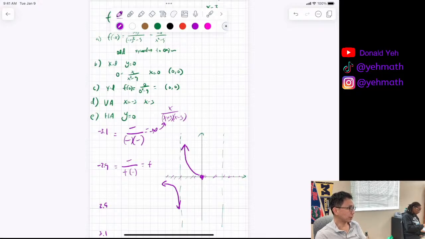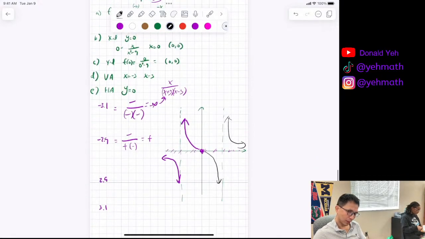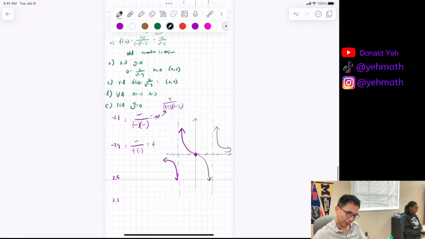There's symmetry to the origin. I can graph this side like this, and this side is going to be like this. You can check whether it's true. If I plug in 2.9, what will happen? Positive, positive, negative, which is going to be negative. That's right. And 3.1, positive, positive, positive.